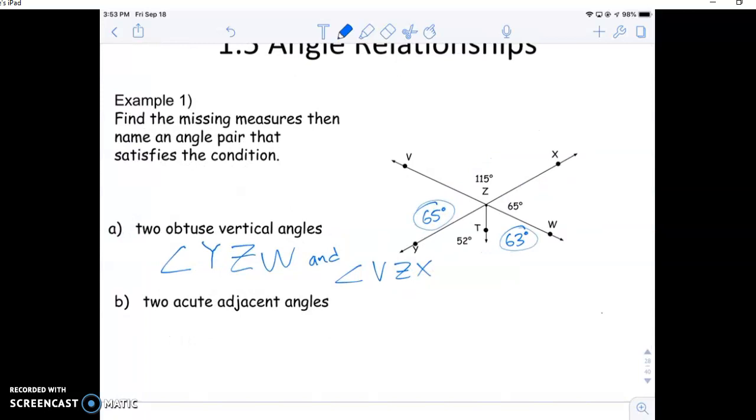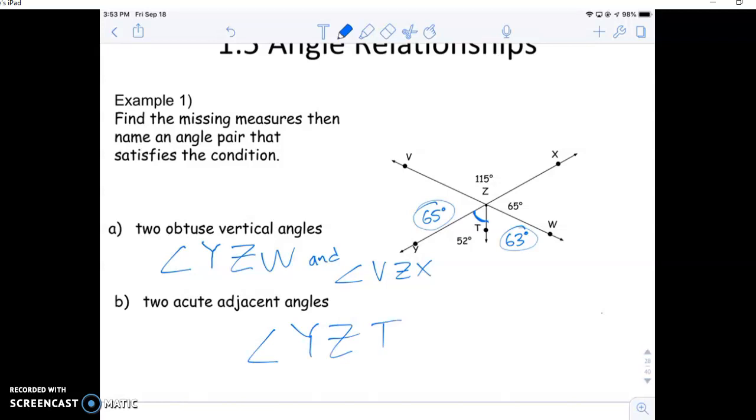Alright, and the next one, two acute adjacent angles. So acute, remember, that means less than 90 degrees. Adjacent, meaning next to. There's actually a couple examples. I'm just going to go with YZT if we look at this angle. That's an acute one.